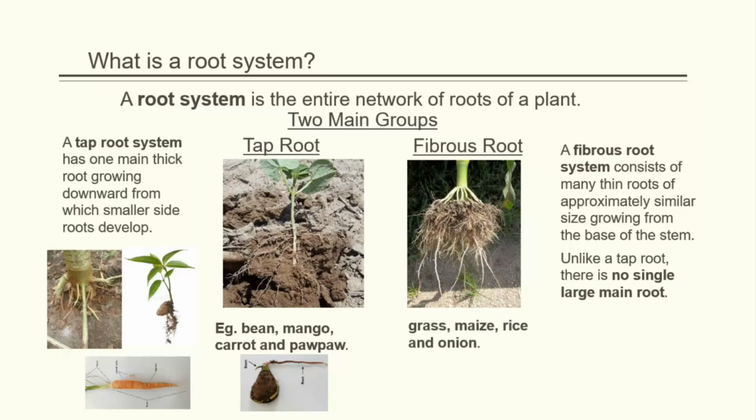Now let's look at some of the plants that have fibrous roots. Can you name them? Some of the plants that have fibrous roots are grass, maize, rice, and onion.